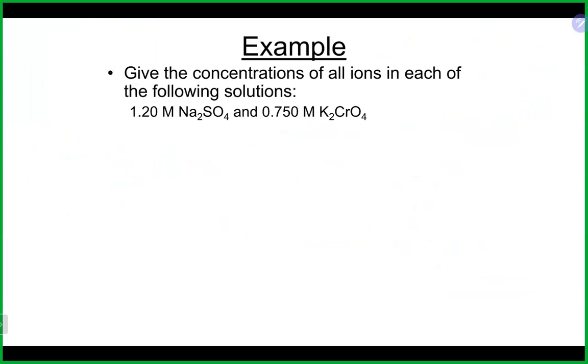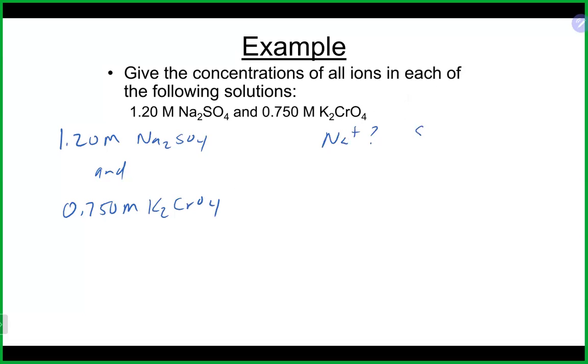So for each of these solutions here, what are the concentrations of the ions that are present in each of these? This one and this one, two separate ones. For the first one, we're looking for the concentration in molarity of the sodium ion and the sulfate ion.